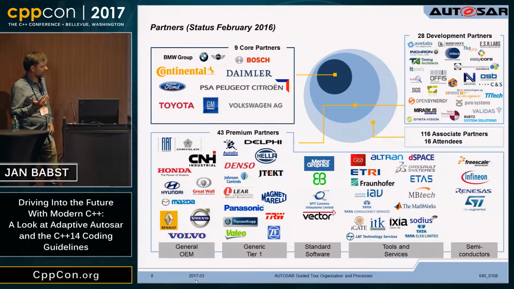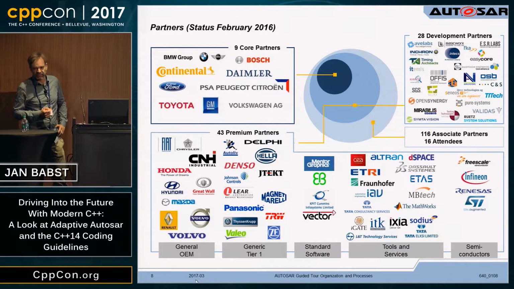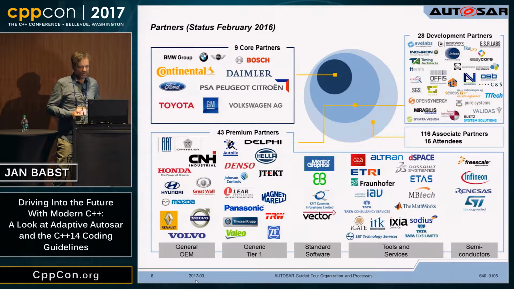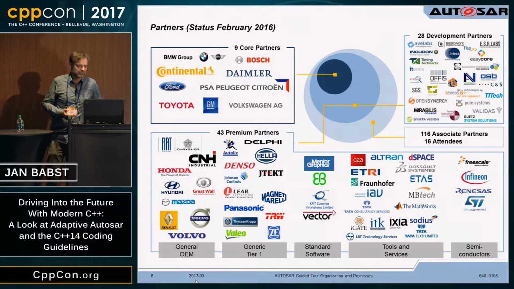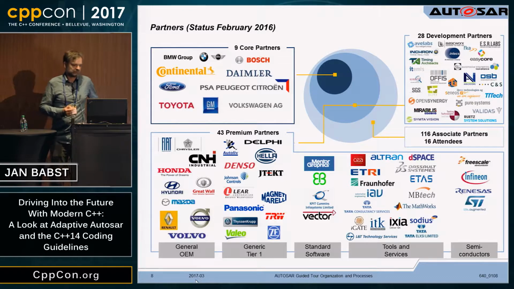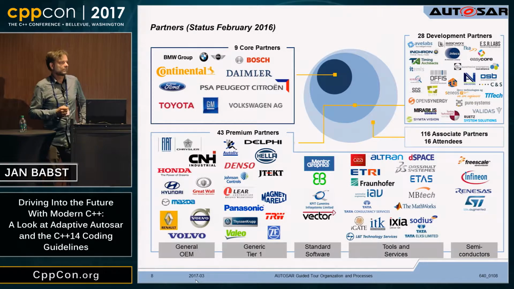Now, where there's a standard, there's an organization behind it, and that's the Autosar Consortium. It consists of more than 200 partners from all over the industry. Of course, major car manufacturers, hardware suppliers, a lot of software companies, semiconductors, and so on.